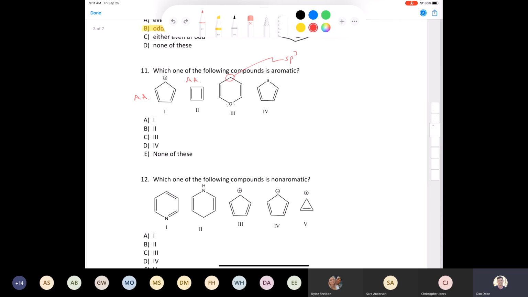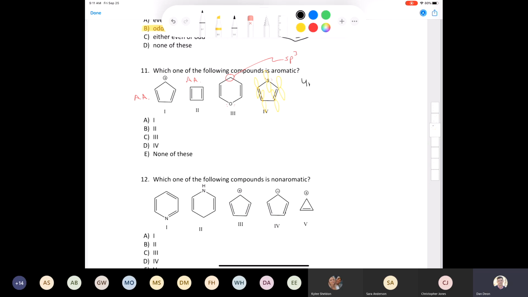And the last one is thiophene. We looked at this one on Wednesday. And we went over the rule that states on a heteroatom, like this sulfur, that one of the lone pairs can go into a p orbital if it will make the compound aromatic. And there's a p orbital here, there's one here, there's one here, and there's one here. If one of those lone pairs goes into a p orbital, and then we have a Huckel number of electrons, right?